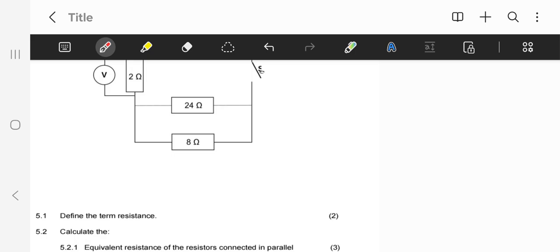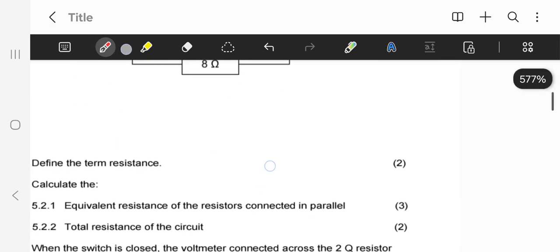In a series connection, the current stays the same, but in a parallel connection, it is the potential difference that stays the same. Okay guys, I hope you got that. And now we go into our questions.